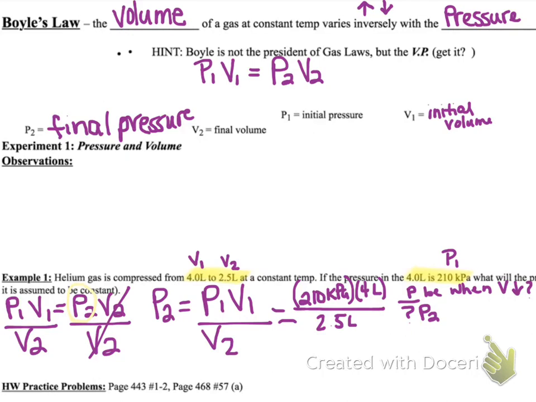And 210 times 4 divided by 2.5, I got 336. Now let's take a look at those units. If you notice, you have kPa times liters, nothing squares or cancels there, but you're dividing by liters.